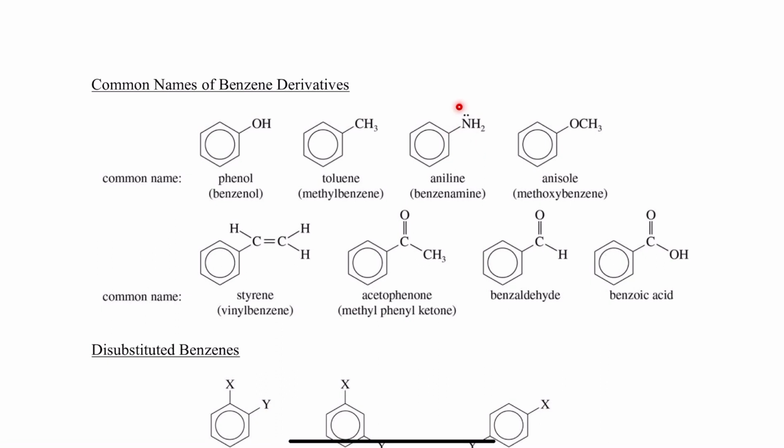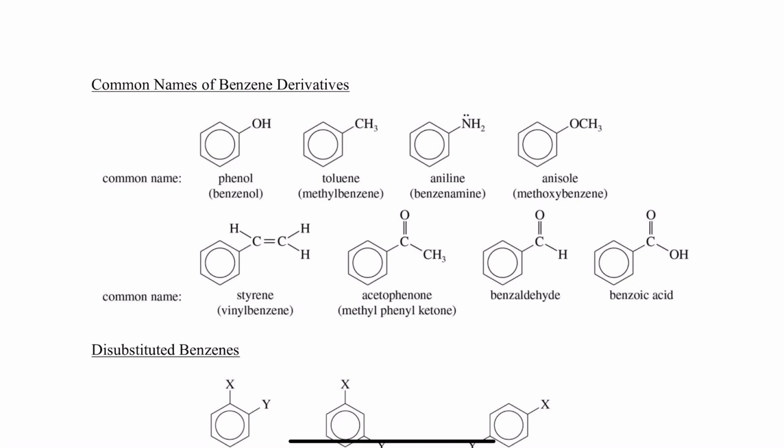Whenever we have an amine, NH2, coming off of our benzene, this is aniline. And then whenever we have an O-methoxy group as a substituent, this is anisole. So like the phenol and aniline, that kind of makes sense: amine, aniline, alcohol, phenol. However, toluene and anisole, just memorize those.